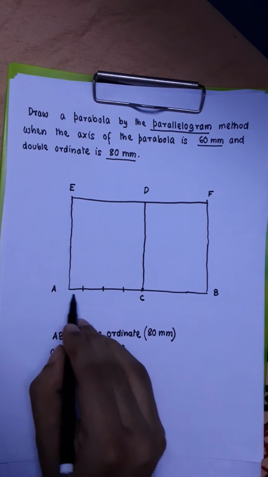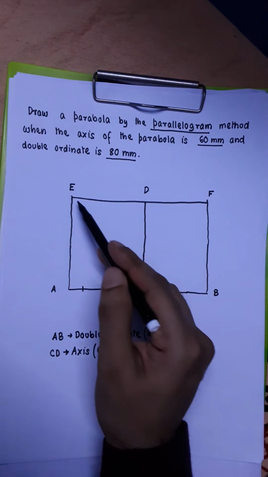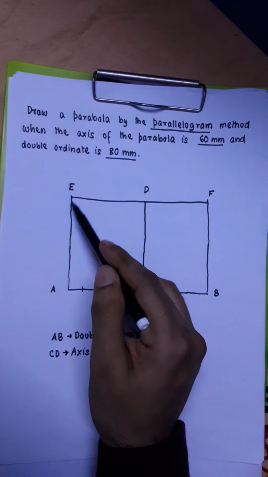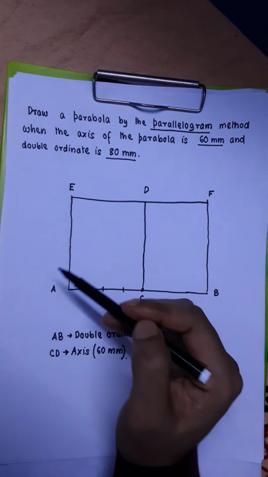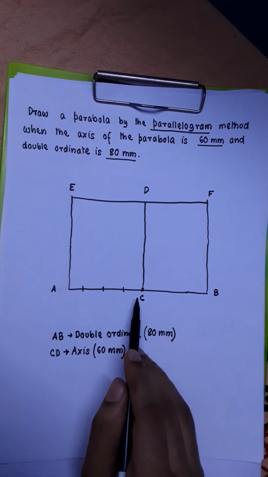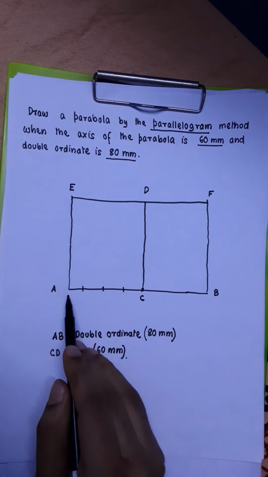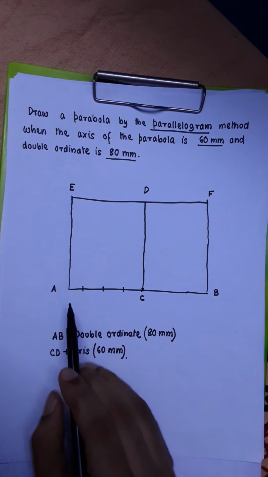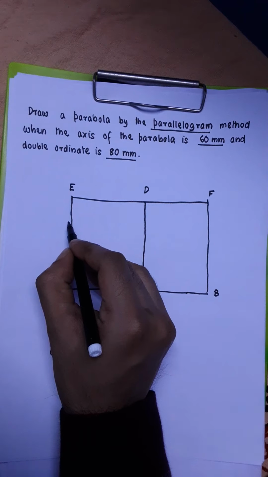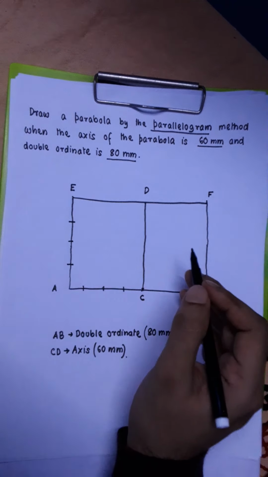Once you divide AC into 4 equal parts, you cannot choose the number of equal parts into which you want to divide EA. EA has to be divided into the same number of equal parts into which AC has already been divided. So since AC has been divided into 4 equal parts, EA also has to be divided into 4 equal parts. So divide EA into 4 equal parts, 1, 2, 3 and 4.